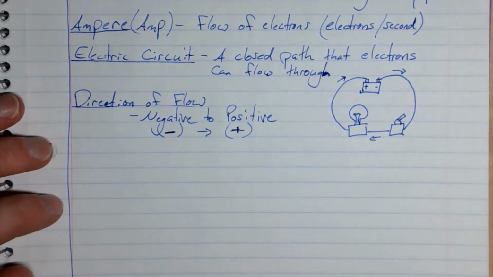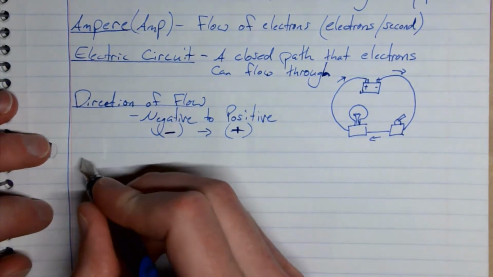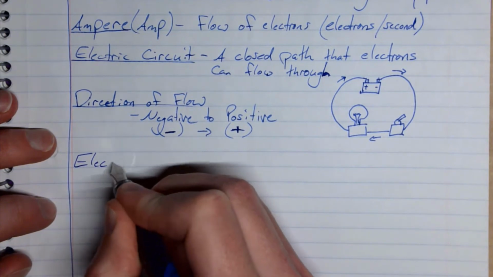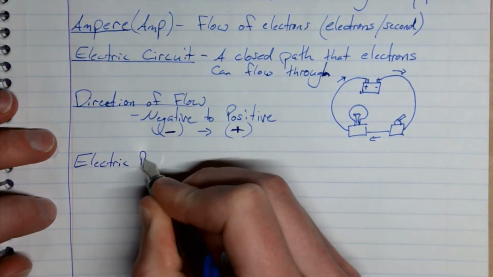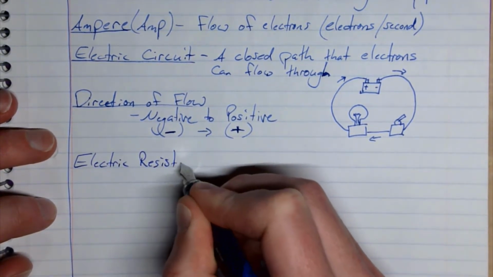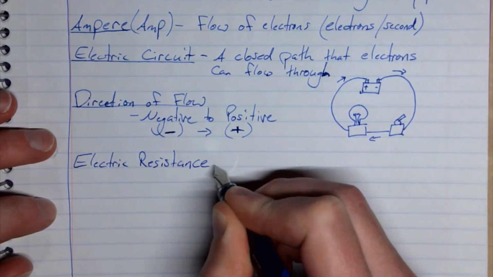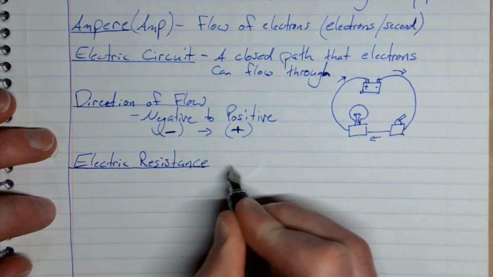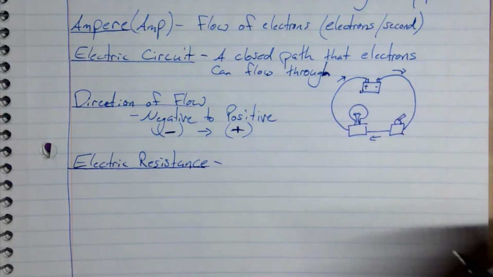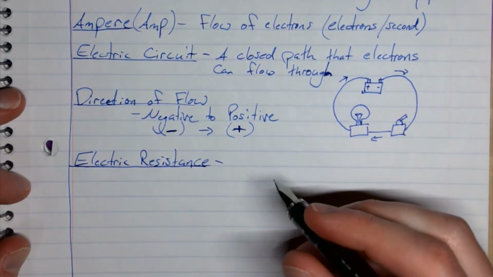All right, let's keep going. So we have electric resistance. And this is just how difficult it is for those electrons to flow through an object.